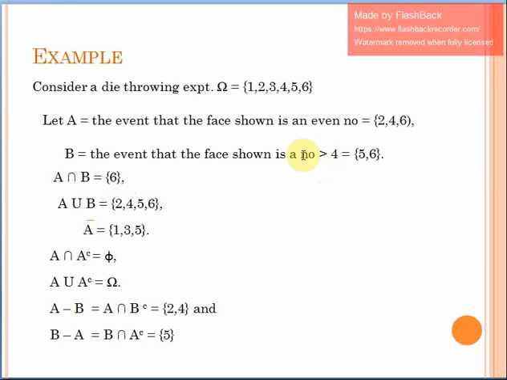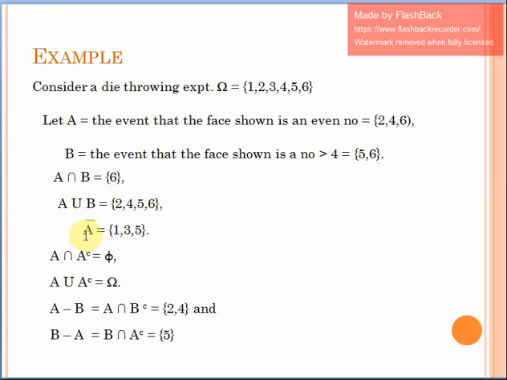So what are the members of A? 2, 4, 6. These are the members of A union B. Also 5 is a member of B, so that is also a member of A union B, and 6 is repeated in this case, so it is taken once. So A union B is 2, 4, 5 and 6.